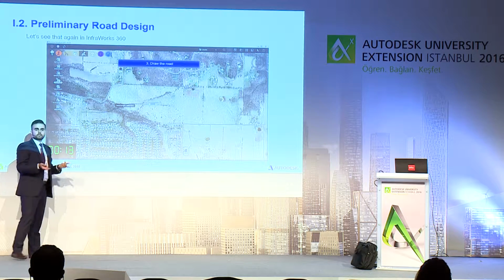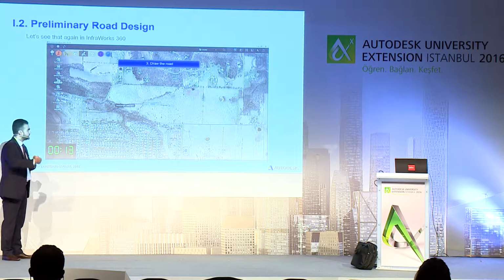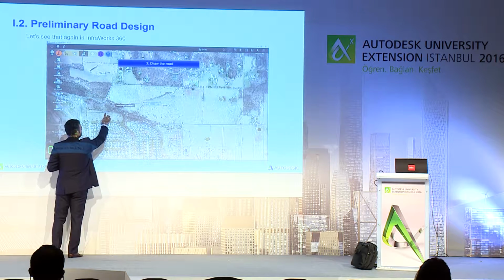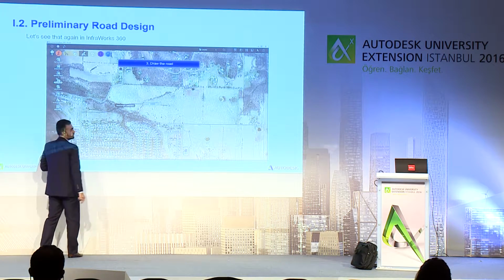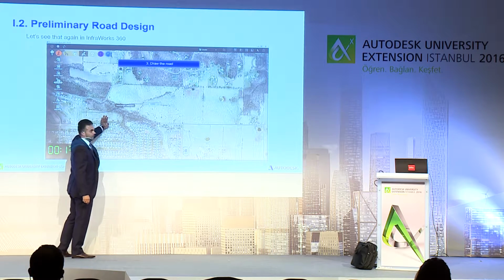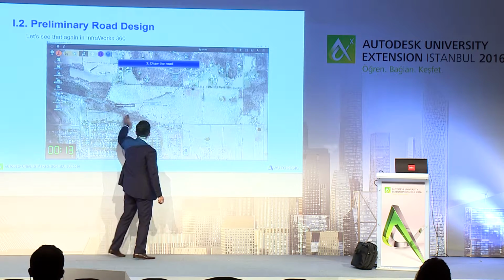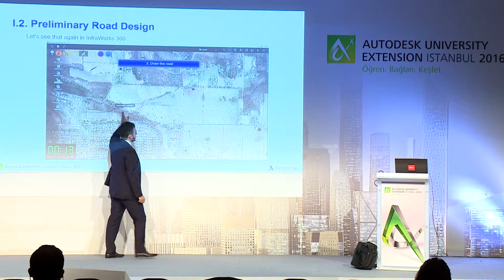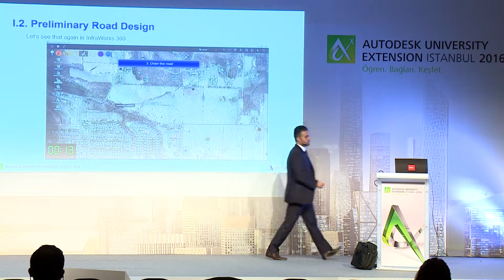So even if you're not a civil engineer and you're violating the standard, it will give you a black curve instead of a blue curve. With a blue curve, you're not violating the standard, you continue on, and it gives you direct feedback about the length, the station, the cross-section, etc.